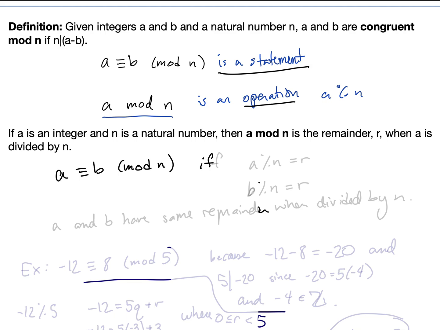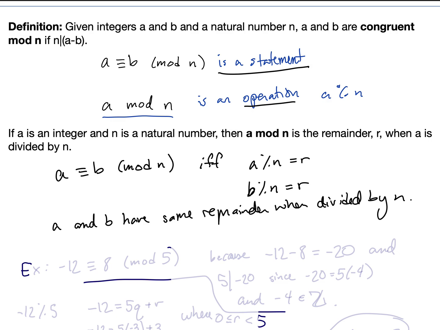So if A mod n is equal to R and B mod n is equal to the same remainder R. So that is if A and B have the same remainder when divided by n. So this is actually an if and only if statement.